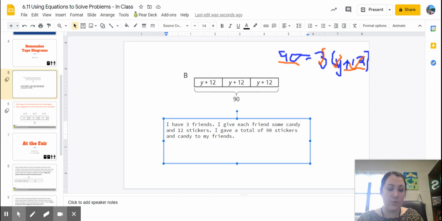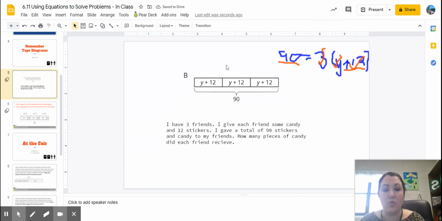But if I wanted to put the question, I could say something like, how many pieces of candy did each friend receive? And this would work.